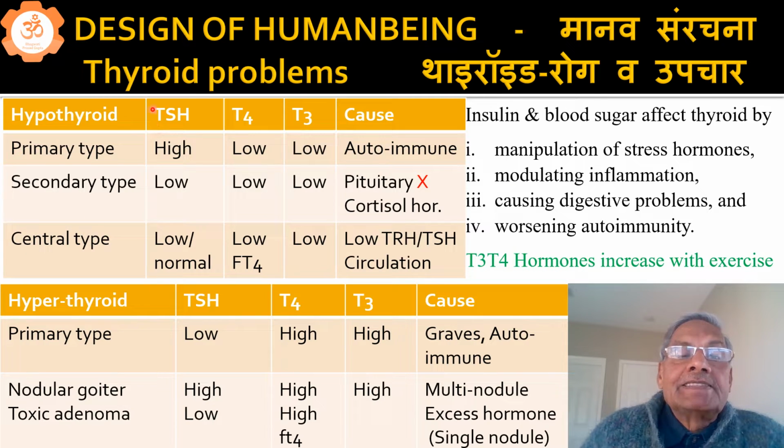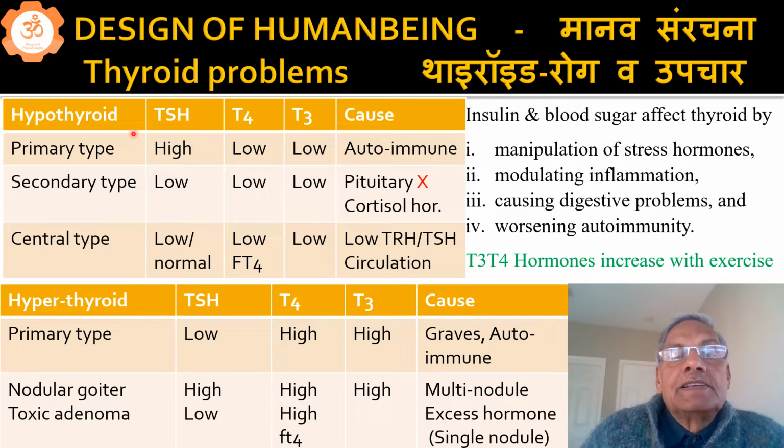If TSH is high, naturally TSH has become high because T4 and T3 were less. T4 gives a signal to the hypothalamus as well as to the pituitary to stimulate the thyroid as T4 is low.